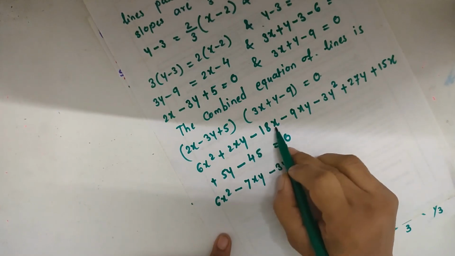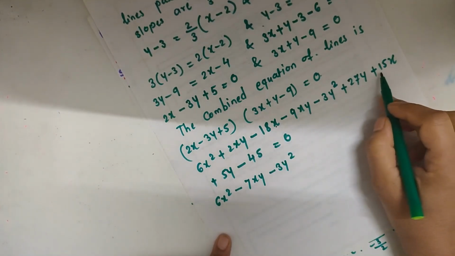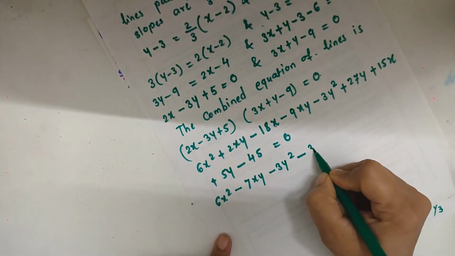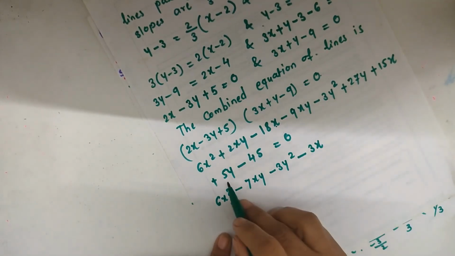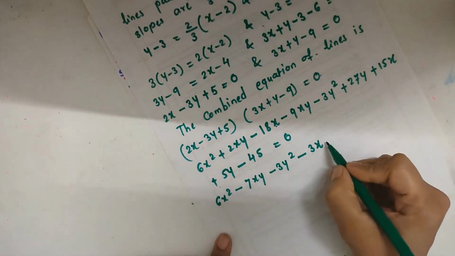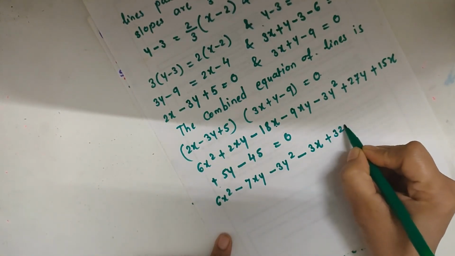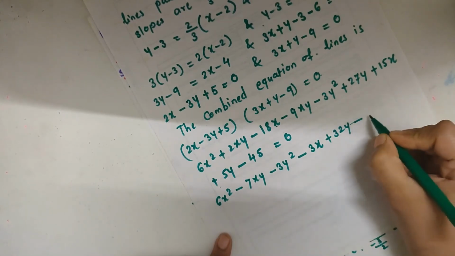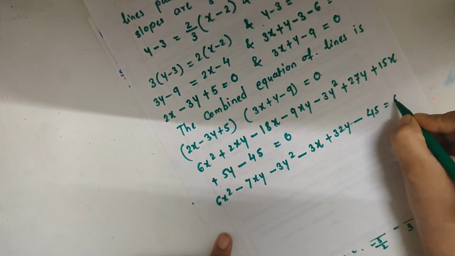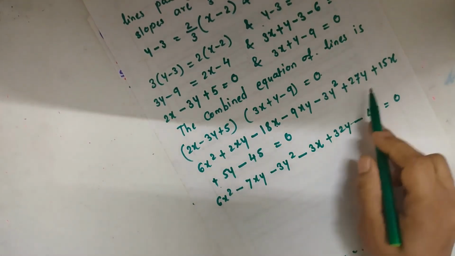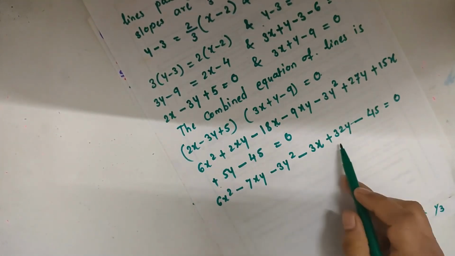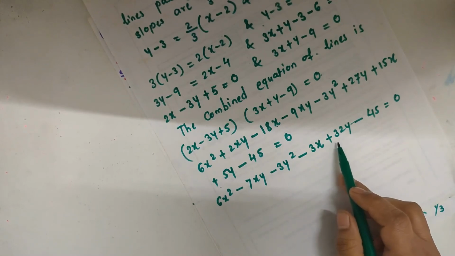Now minus 18x and plus 15x, minus 3x. 27y plus 5y is equal to 32y, and constant term is minus 45, equal to 0. Now simplifying this equation, we get the combined equation of required lines.